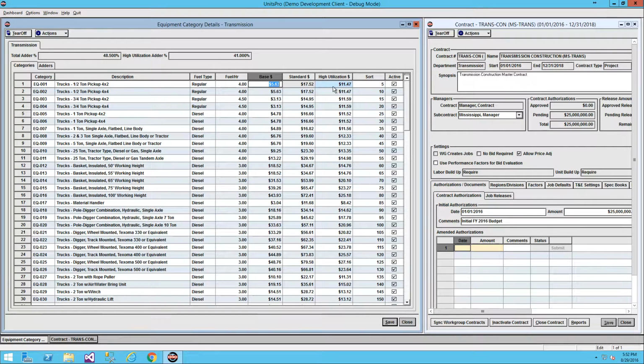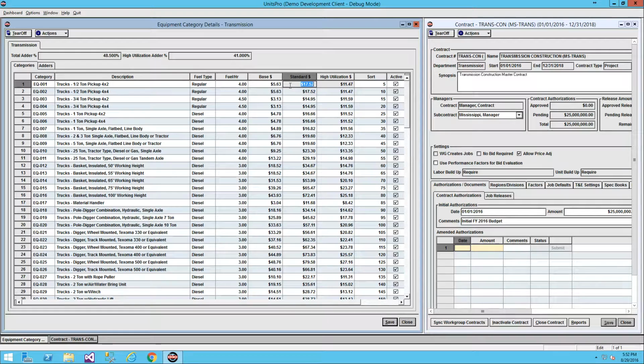Again, I want to emphasize this high utilization replaces the traditional annual, monthly, weekly, daily type pricing, which is very problematic to implement. In this case, because UnitsPro is being used to bill, it will automatically price the equipment at the standard price up to the threshold, again, in this case 50 hours.